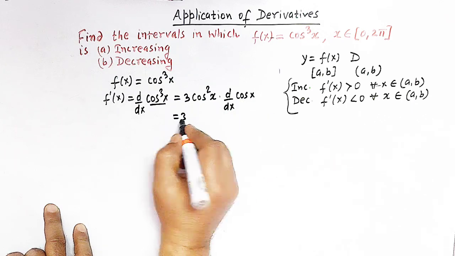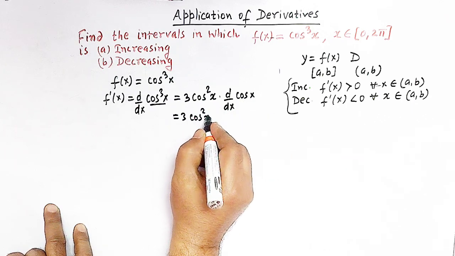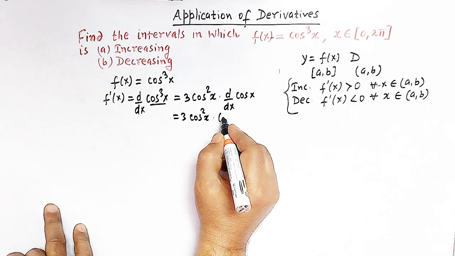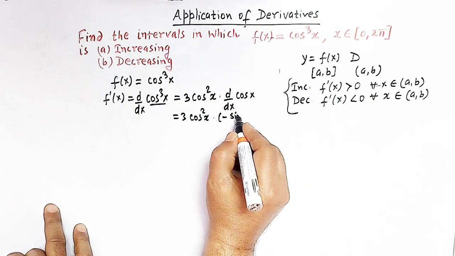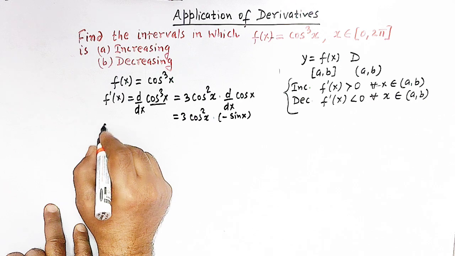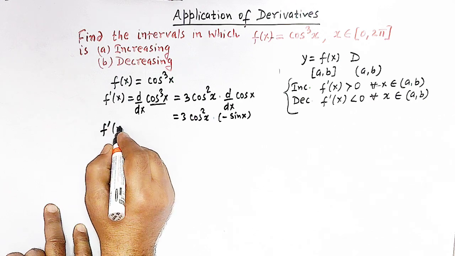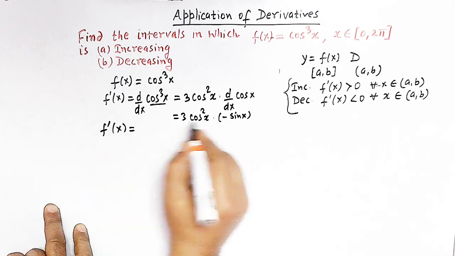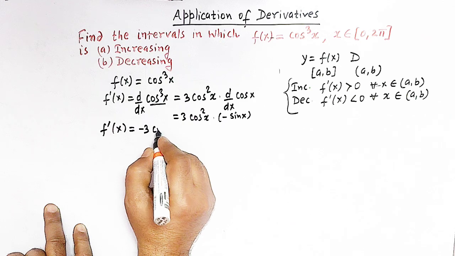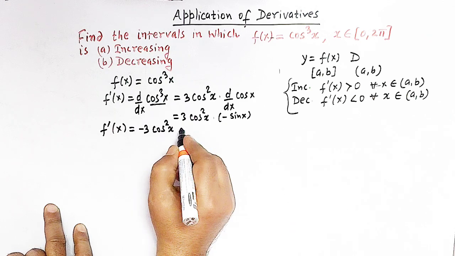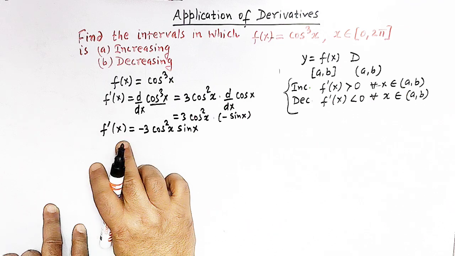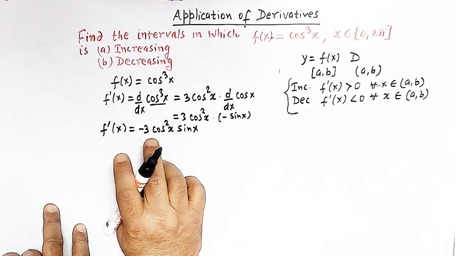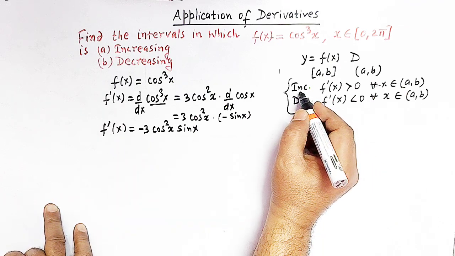So now we have 3 cos square x, and here we have the derivative of cosine x as minus sine x. So the derivative of f of x is given by minus 3 cos square x sine x. So now this is the derivative, and now we have to find out the intervals.